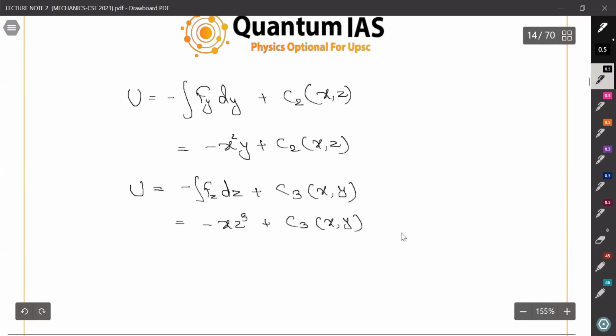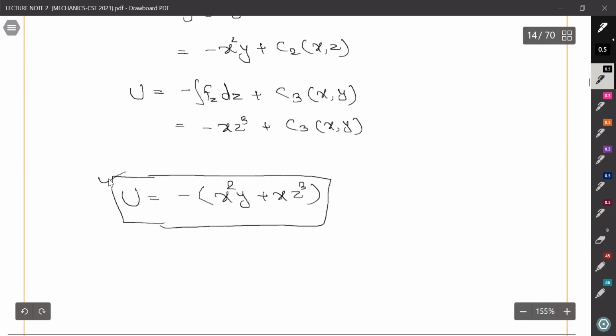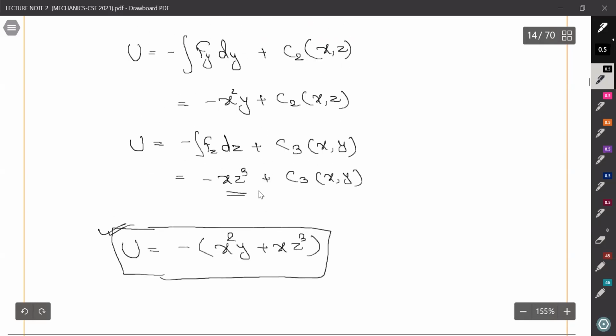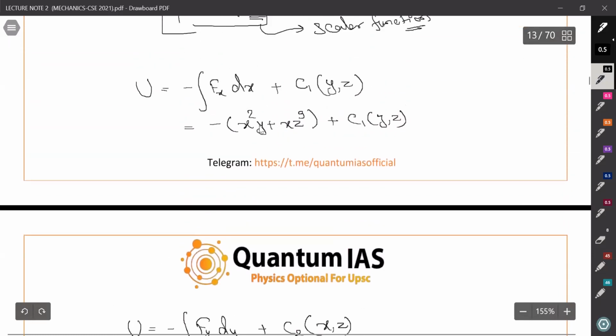If you can see from the above, we need to find a general solution for u. So we can write that u equals minus x²y plus xz³. Overlapping terms will be there. See, xz³ is there, minus x²y is there, also x²y plus xz³.